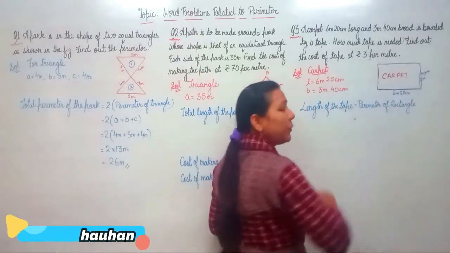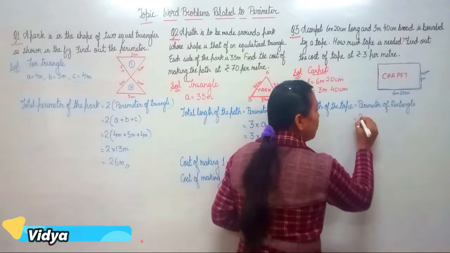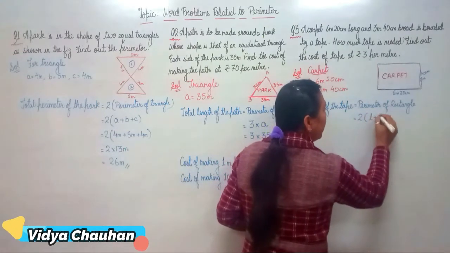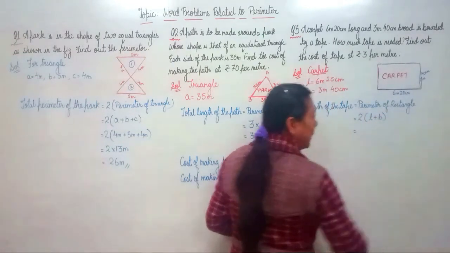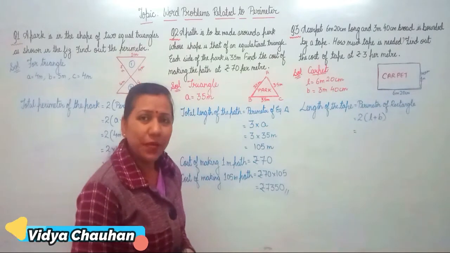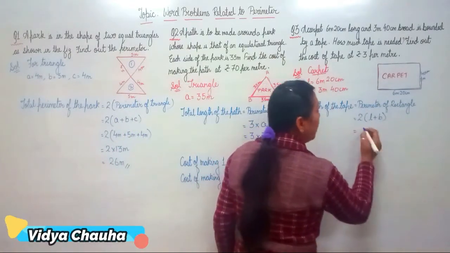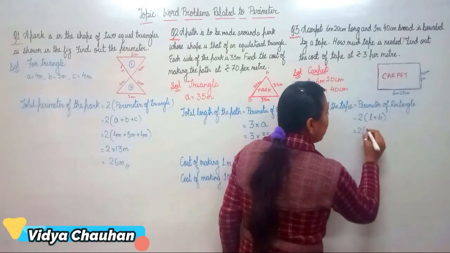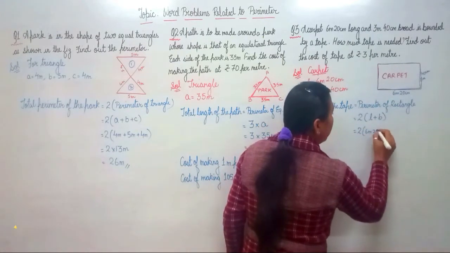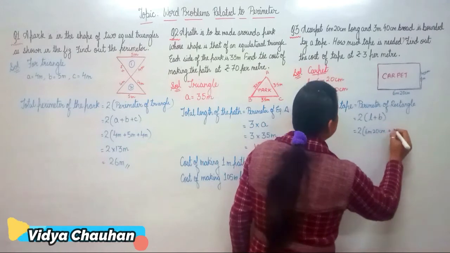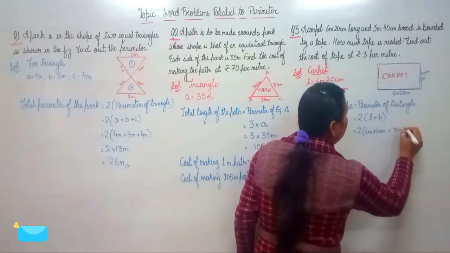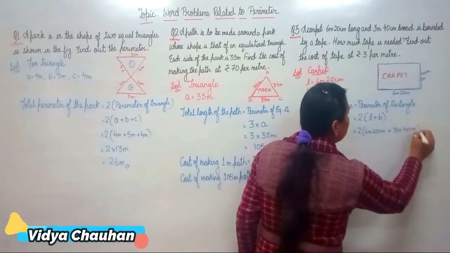What is the formula for perimeter of rectangle? Twice length plus breadth. Clear? Now it's time to put the length and breadth values here. That will be twice 6 meter 20 centimeter plus 3 meter 40 centimeter.